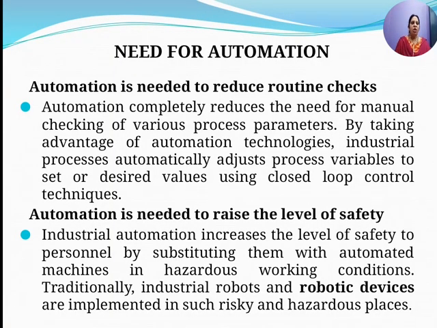Then automation is needed to reduce routine checks. Automation completely reduces the need for manual checking of various process parameters. By taking advantage of automation technologies, industrial processes automatically adjust process variables to set or desired values using closed loop control techniques.